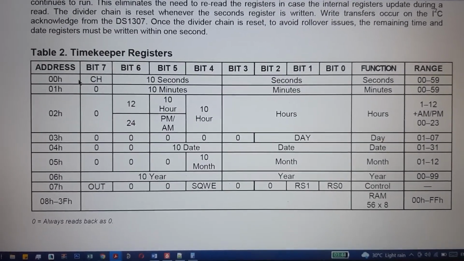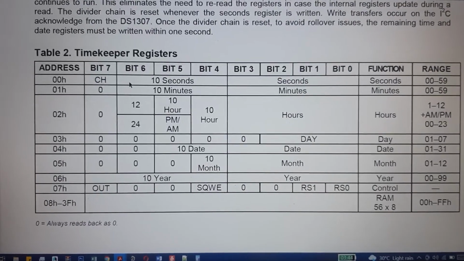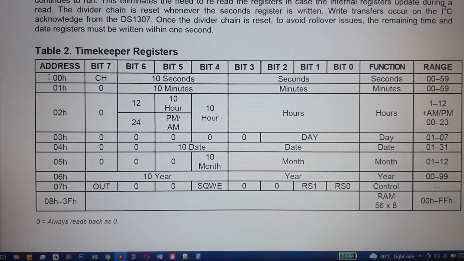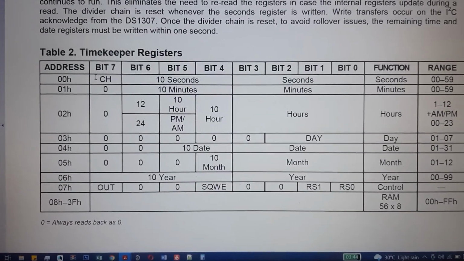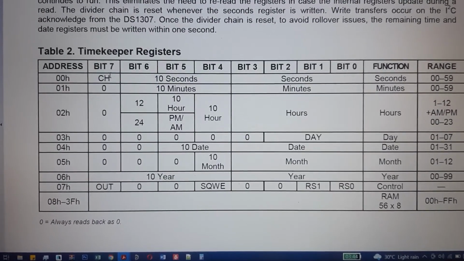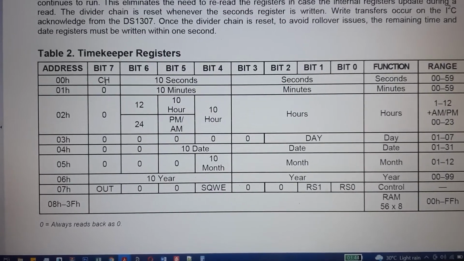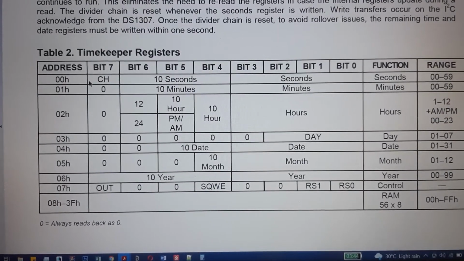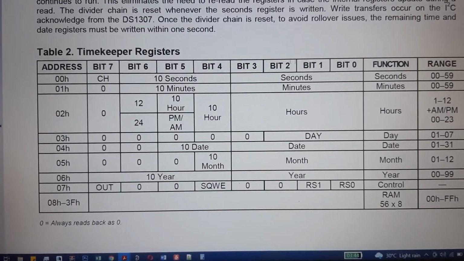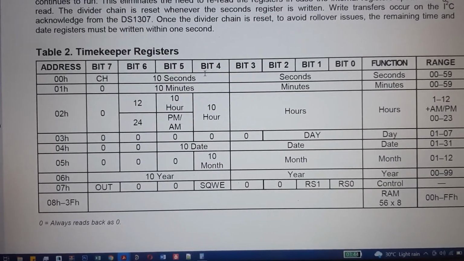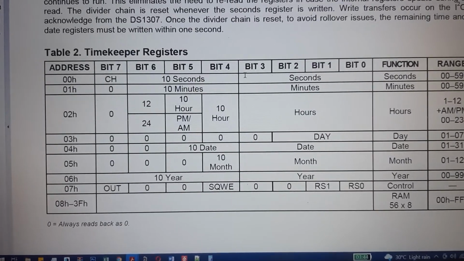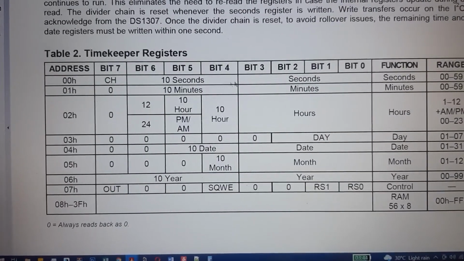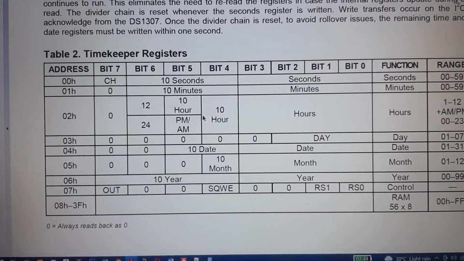So if you want to set seconds, you are going to send the data at 00H location, whose 7th bit is clock halt, and from 0, these are all BCD, so it goes from 0 to 9, and so on.